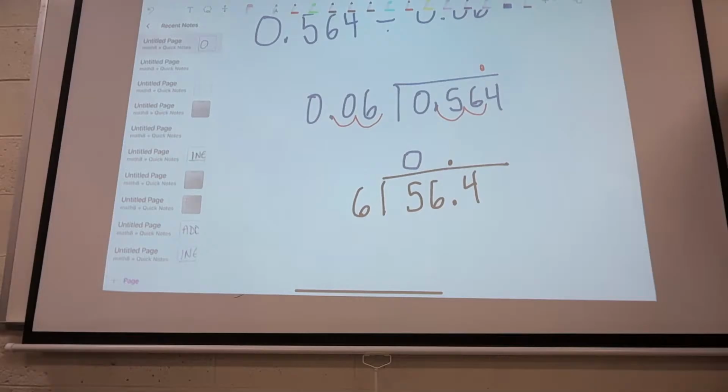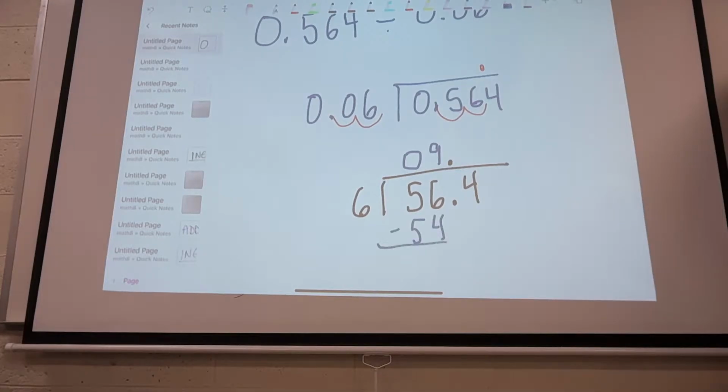5. 6 times 5 is 30. You can get a little closer. 7. 42, still get closer. 8. 48, getting there. 9. 6 times 9 is? 54. Yeah.